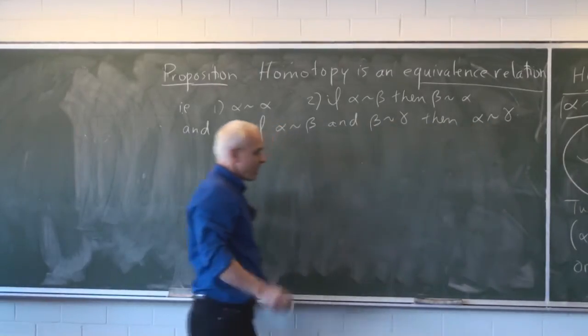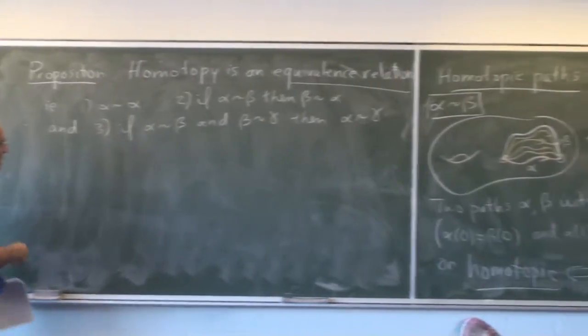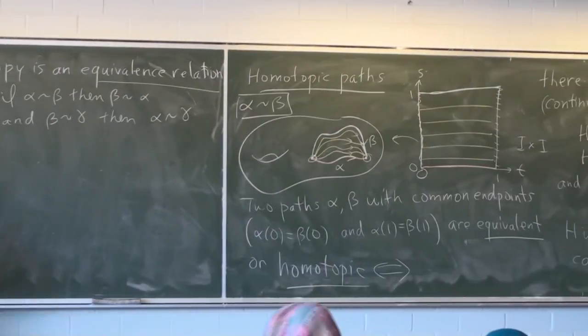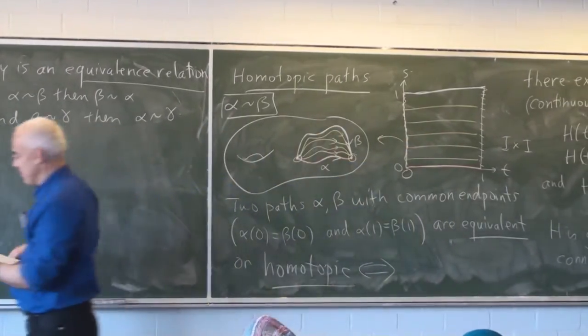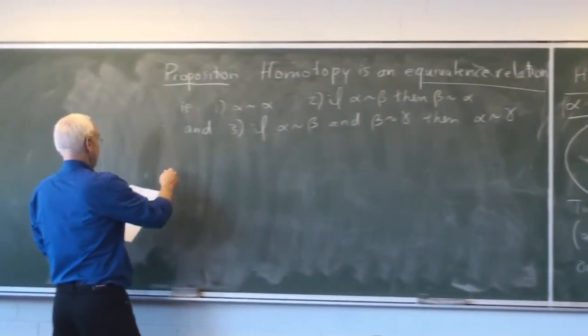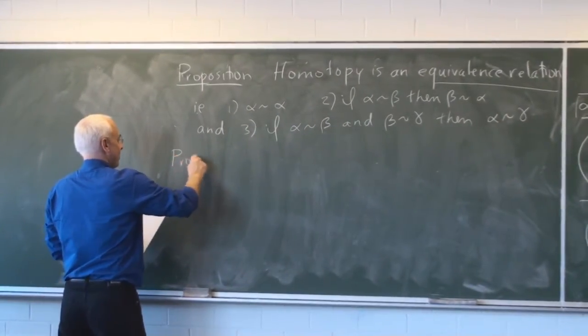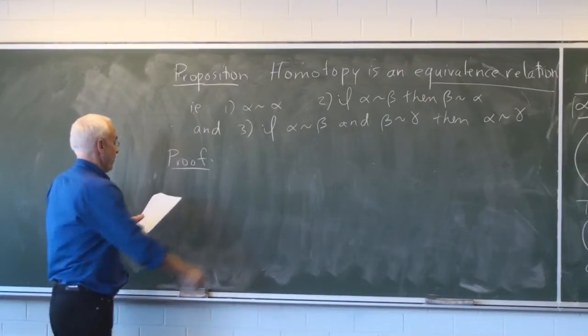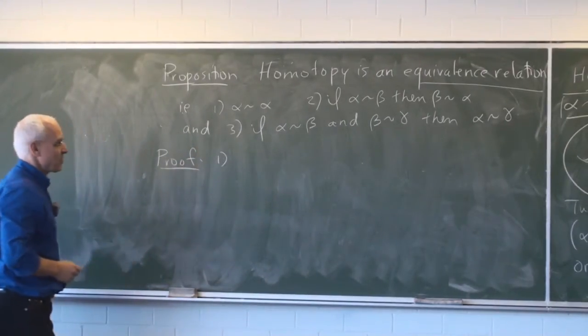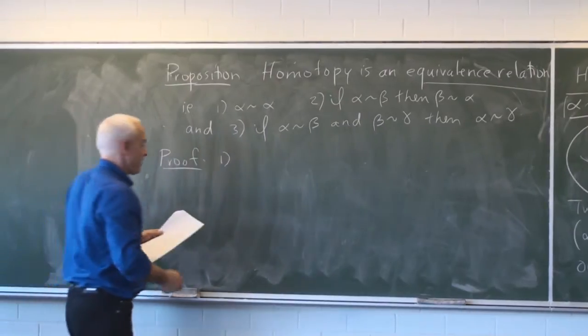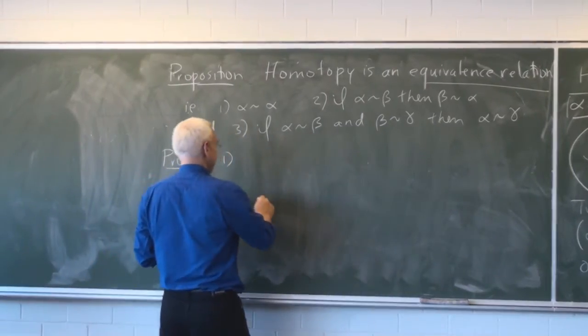Okay, now I'm going to sort of show this by pictures in terms of diagrams like this. Sometimes I'll write down some formulas, but maybe a little bit later I'll dispense with the formulas. Let's start with the proof of the first one. Why is any curve homotopic to itself? Well, let's draw it like this.